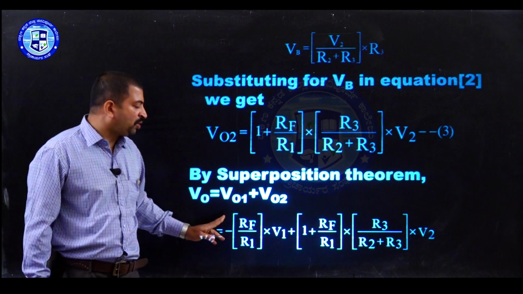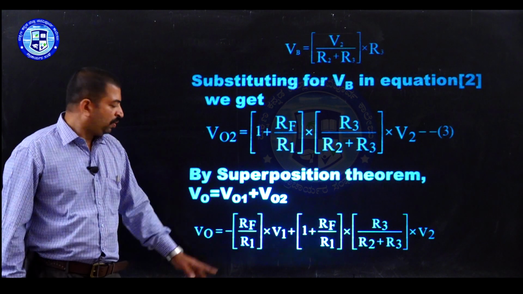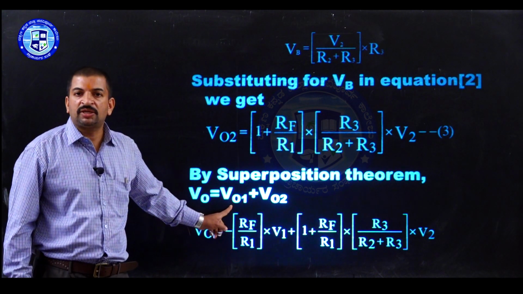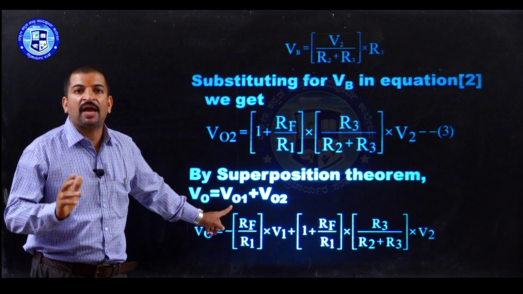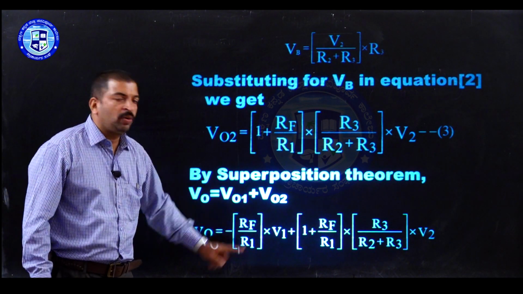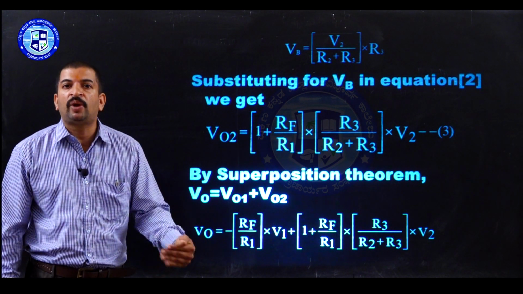Therefore, the output voltage VO is equal to VO1 plus VO2, where VO1 is the output voltage produced by the input voltage source V1 acting alone, and VO2 is the output voltage produced by the input voltage source V2 acting alone.